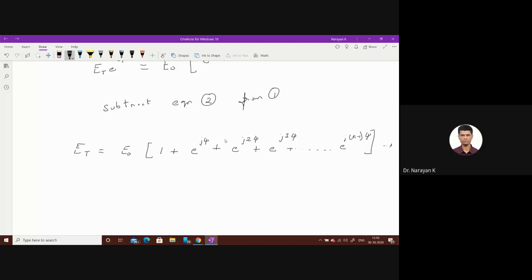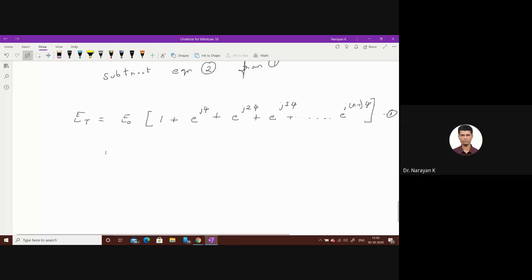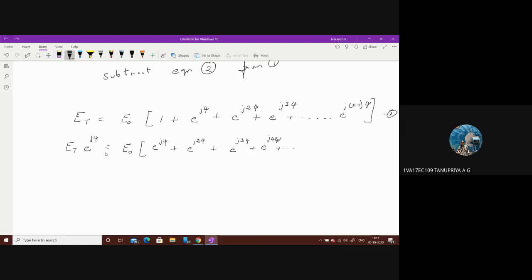This is your equation 1. Very good. Thank you, Tanupriya. Tell me equation 2. Et e power j psi equals E naught times e power j psi plus e power j 2 psi plus e power j 3 psi plus e power j 4 psi plus so on, e power j n psi. This is your equation 2.